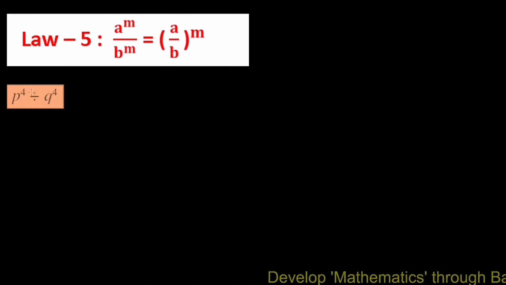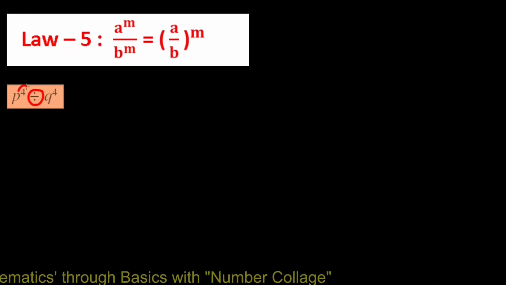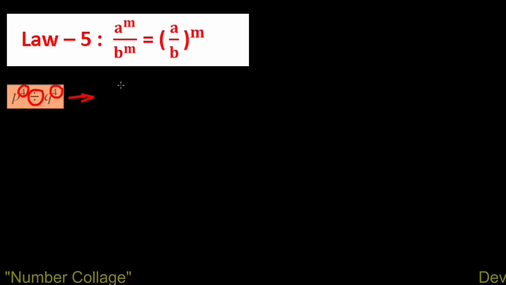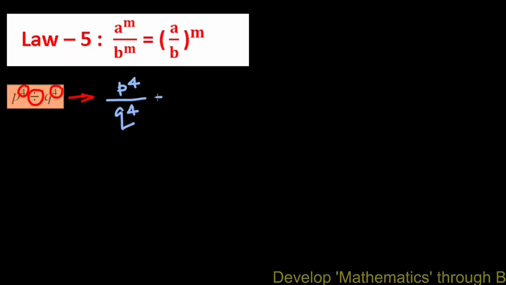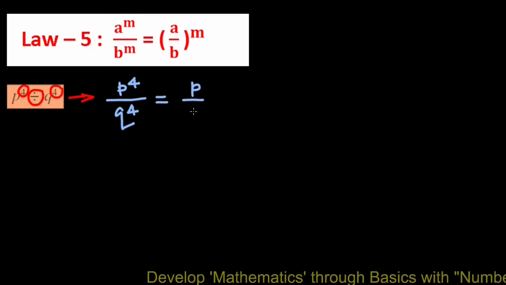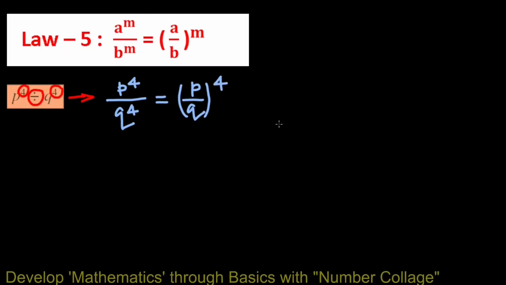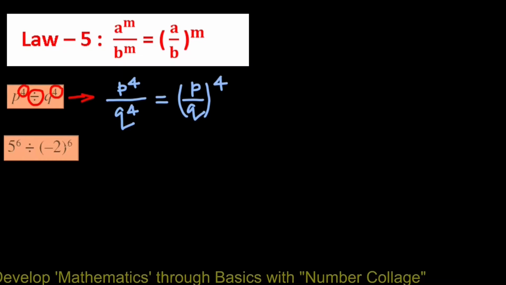P raised to 4 divided by q raised to 4. Here there is a division sign and the powers of the numbers are the same. So we write it as p raised to 4 upon q raised to 4. So according to this law we can write it as p upon q raised to the same power, which is 4. 5 raised to 6 upon minus 2 raised to 6.